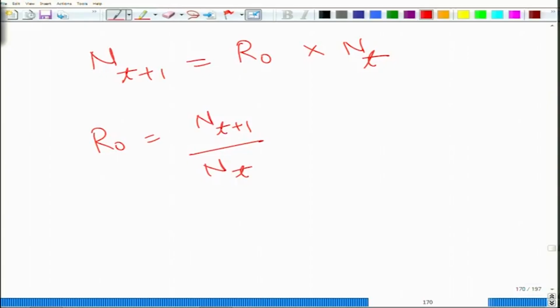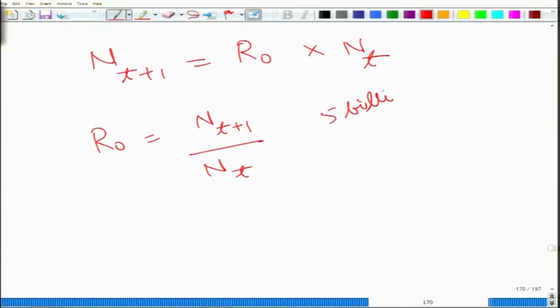What it means is that, suppose you consider my parental generation, and during my parents' generation the population of human beings on earth was say 5 billion, and in my generation it has increased to say 7 billion.